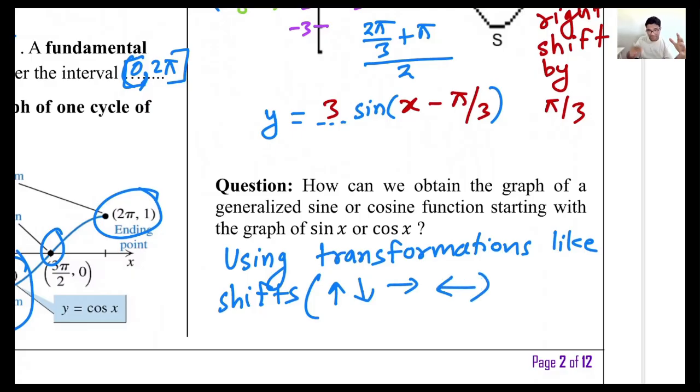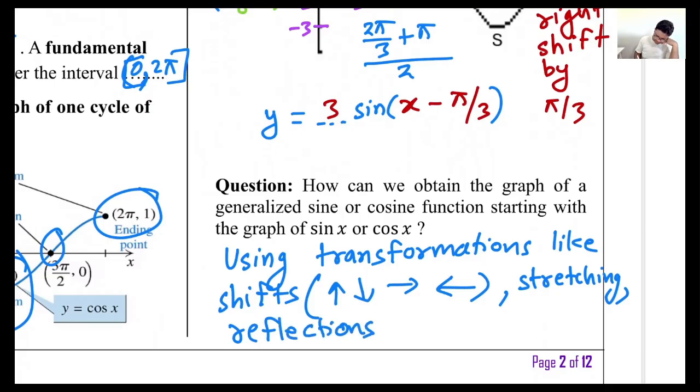Left shift, right shift, up shift, down shift. Or you could do stretching, which also includes shrinking, if you multiply by a factor less than 1, and you might sometimes do reflecting, reflections, and so on. All these linear transformations can be used to get the generalized graph as we just saw.